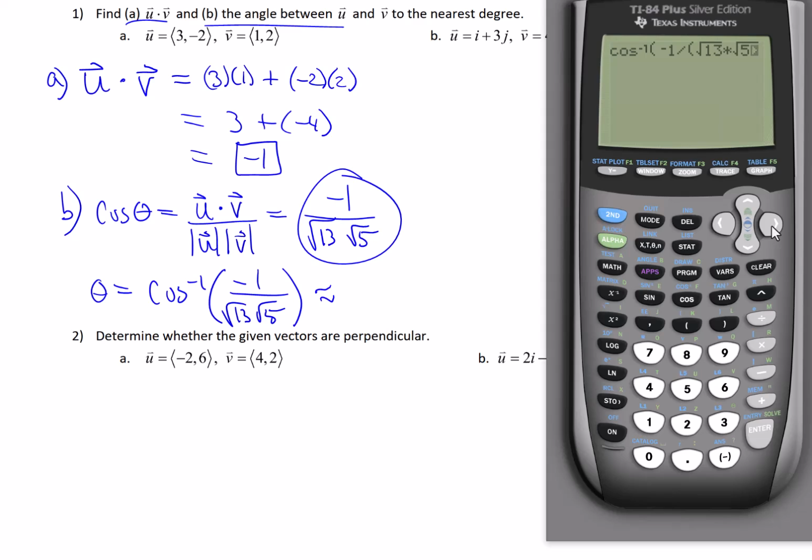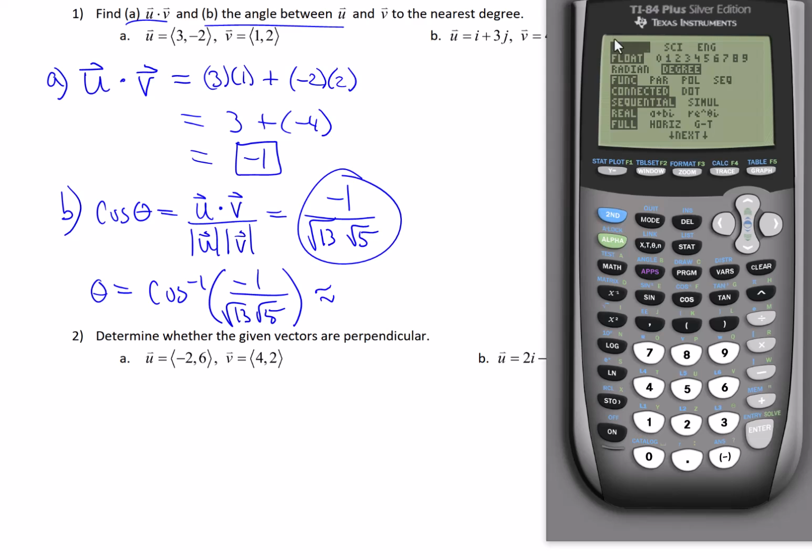Now be careful with parentheses as always. I'm going to close the parentheses that contain the denominator of our fraction, which is really just the product of those two roots. But then I also have to close the parentheses containing the cosine inverse function. So always double check on those parentheses, and if you get an error, go back carefully and make sure that's not the issue. Let's now make sure we're in the right mode, so we'll probably go with degrees in this one.